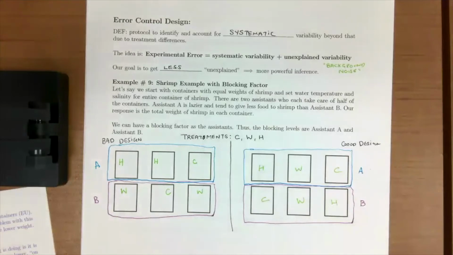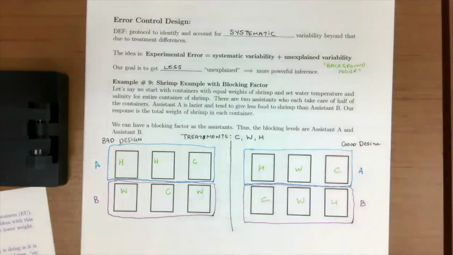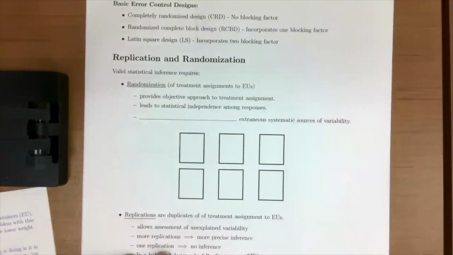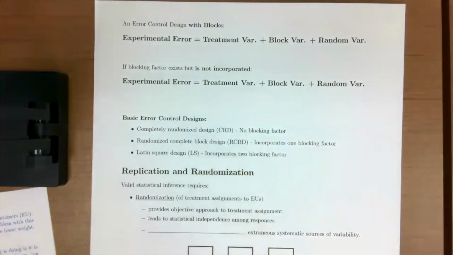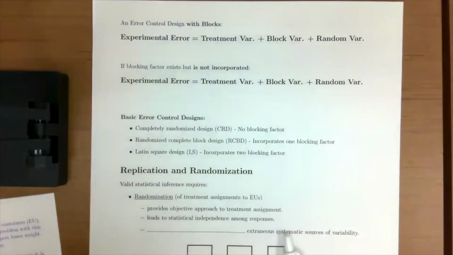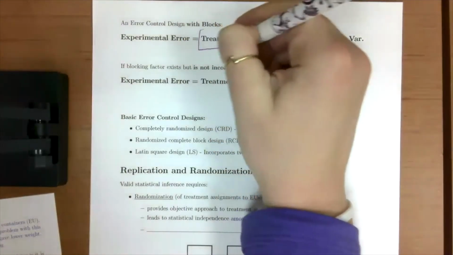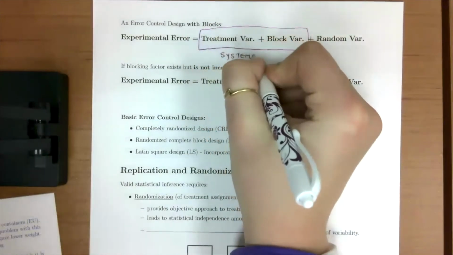So the point of blocking is we found a factor that could impact the result and we blocked it. So now in our controlled error with blocks, it allows us to incorporate this blocking or the assistants into the systematic variability rather than the unexplained. So let's recap that. Again, our experimental error is broken up into systematic and unexplained variability. When we use blocks, we can take our treatments and our blocks and categorize them as systematic variability.